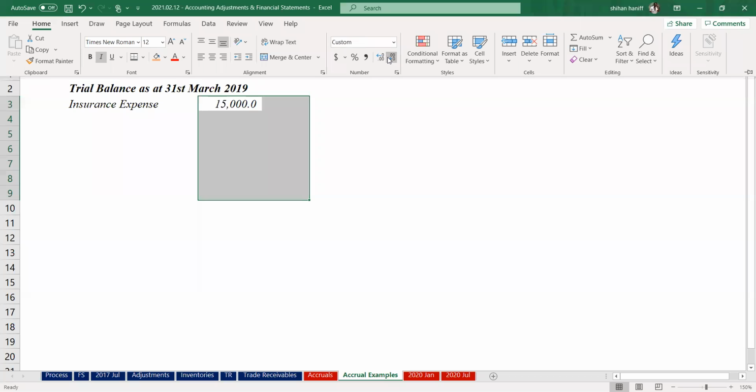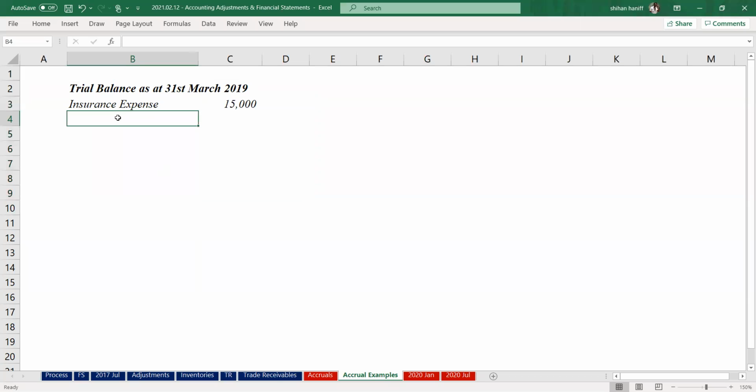In the trial balance we have insurance 15,000. We also have rent expense, 20,000, expenses, right?